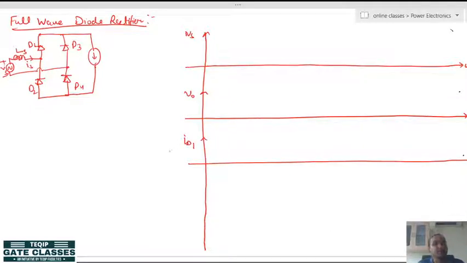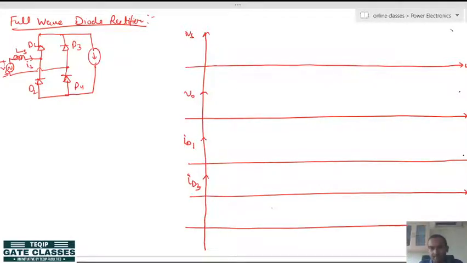D1 and D4 will have the same current, so I am drawing only D1. Let us say this is the diode D3, D2 current. D2 and D3 will have the same current, or you can also put D3, it is much better. And then we have to draw the source current. Okay. So, let us draw.